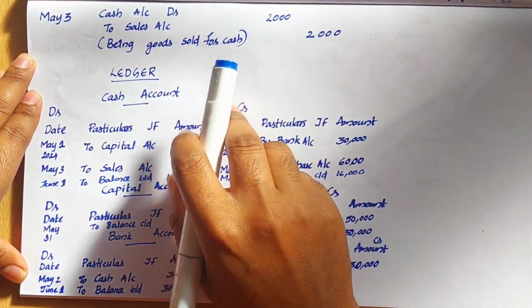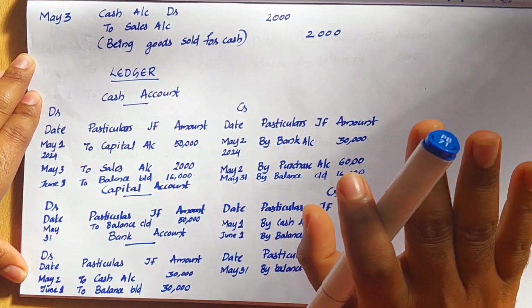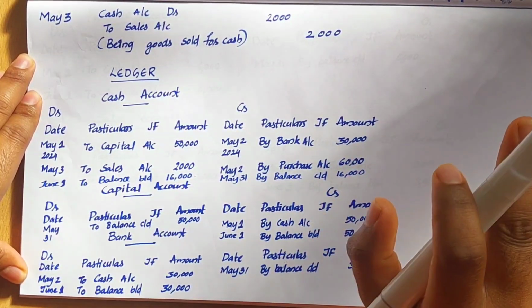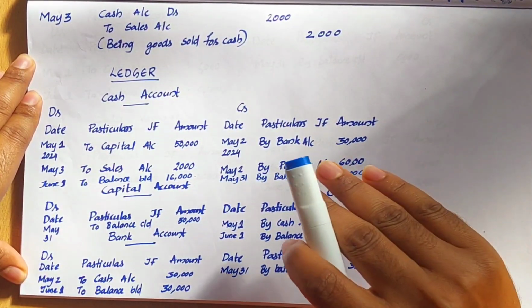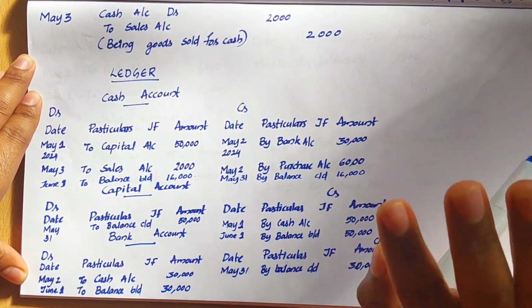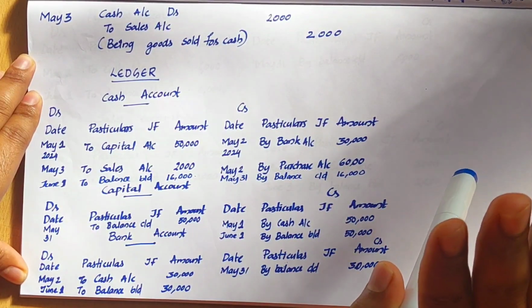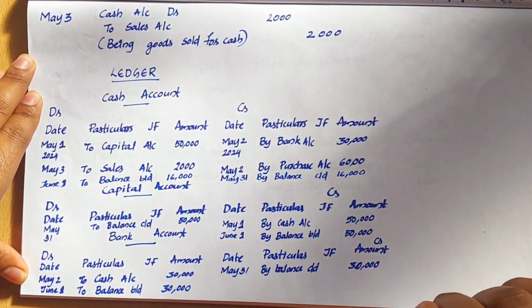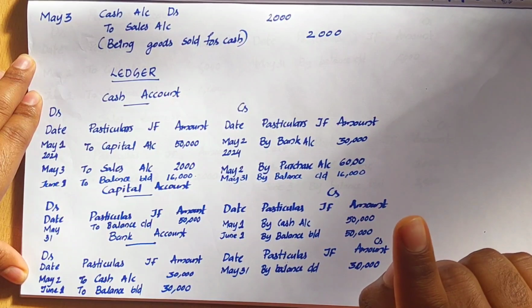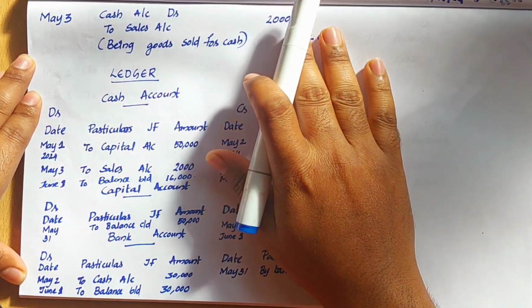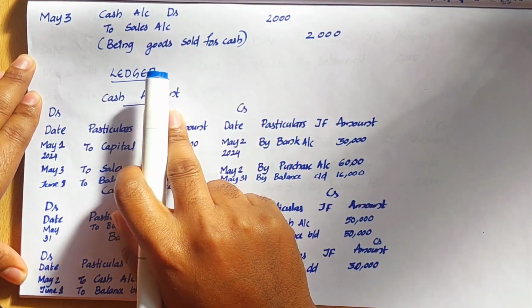Now we have recorded all those transactions through journals. Now we are going to classify through ledgers. We have 4 transactions, and we will prepare ledgers for all of them. First we will take the cash account.